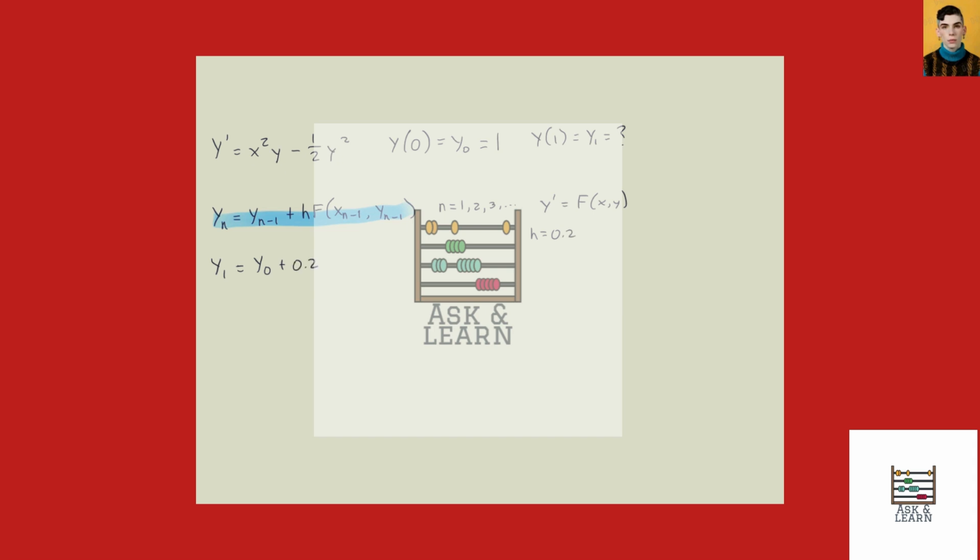So we add 0.2 multiplied by our big F at our initial values x0, y0, which our big F is just the same thing as saying the derivative of y defined at x0, y0.